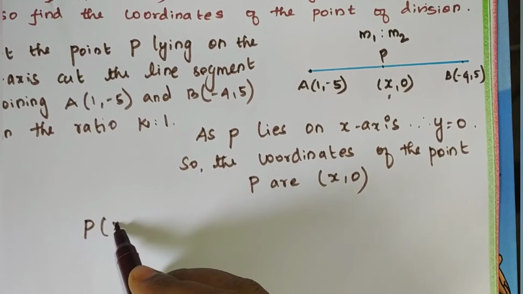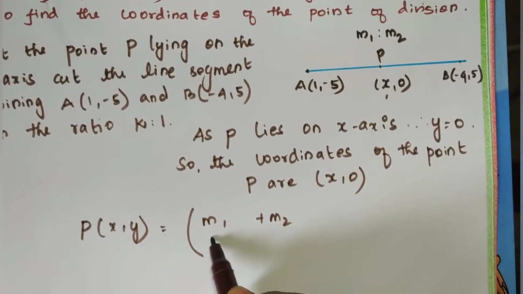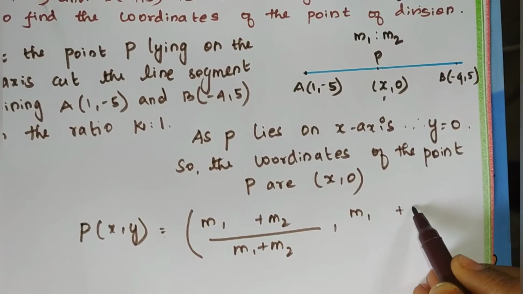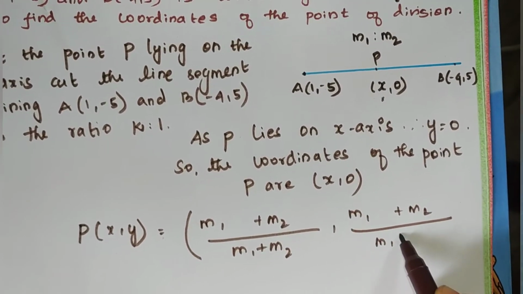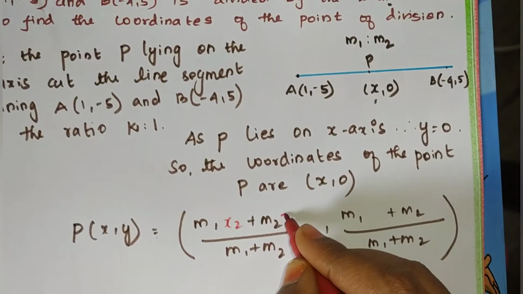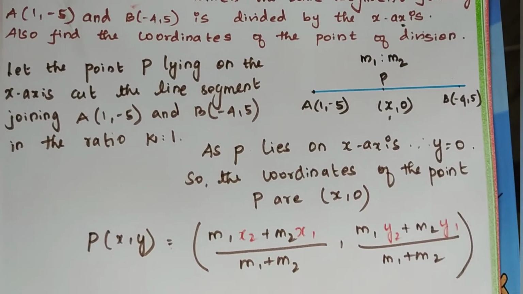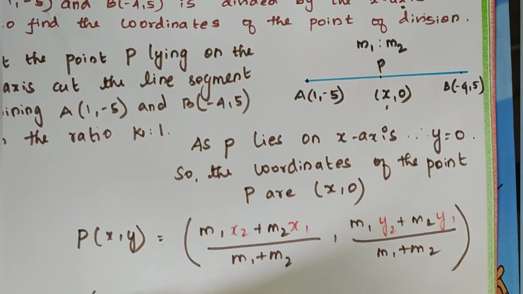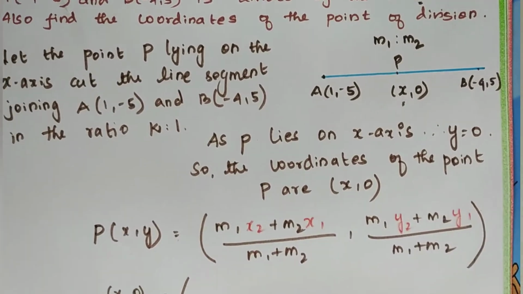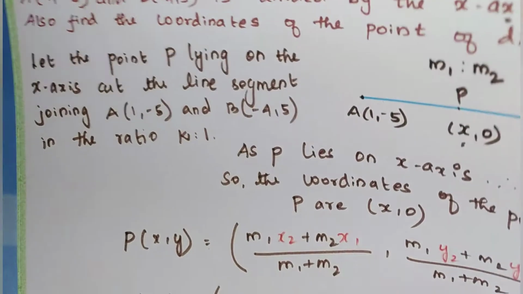P of (x, y) is equal to (m1x2 + m2x1) divided by (m1 + m2), (m1y2 + m2y1) divided by (m1 + m2). Write the points here, then only you will be very clear.